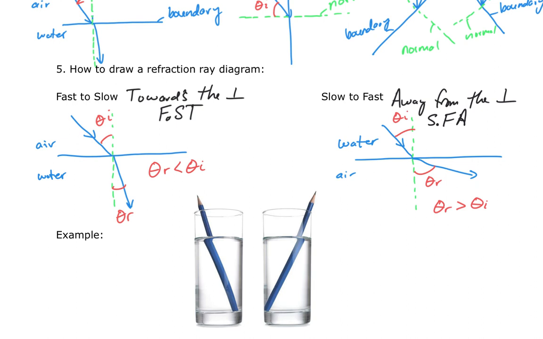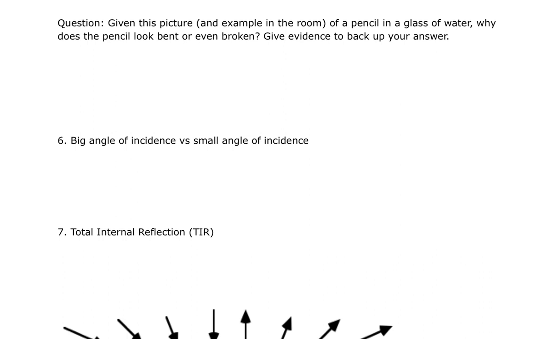But for right now, just realize that this entire phenomenon right here, this idea that right at the surface we've got this breakage of the pencil, this entire phenomenon is explained with refraction. So when we look at those pencils, the question here asks, well, why does the pencil look bent or even broken? Give evidence. Well, the simple one-word answer is refraction.